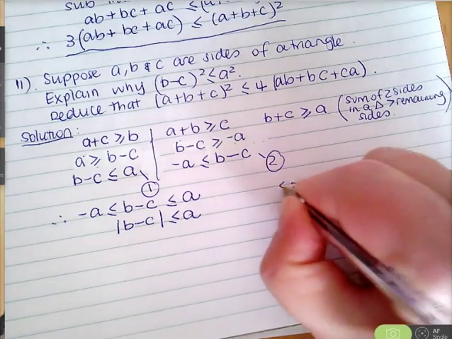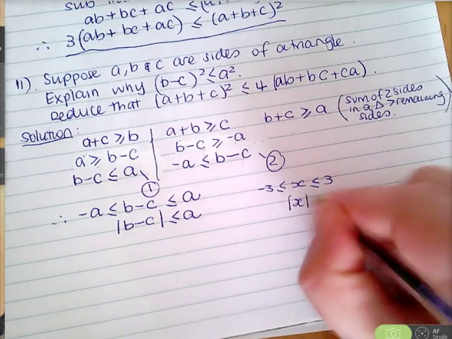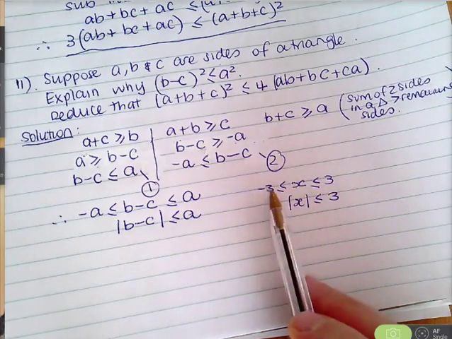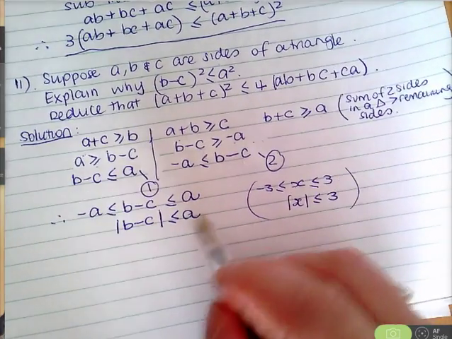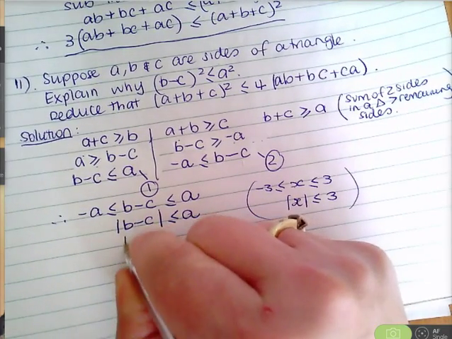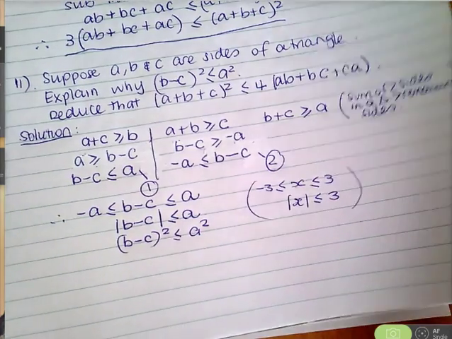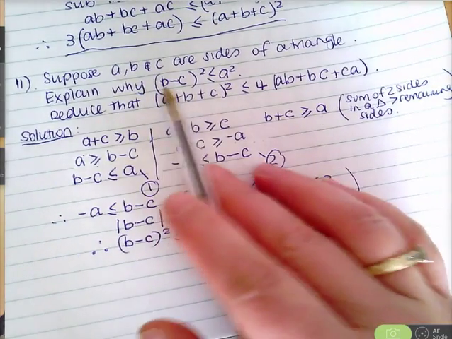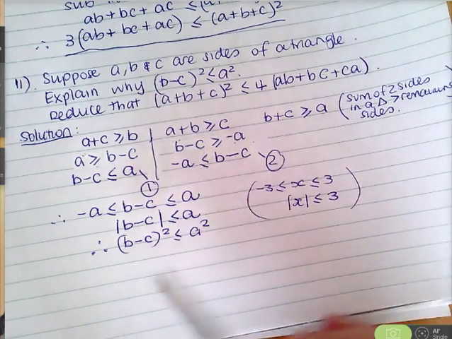For example, if you have this inequality, it means that x is within 3 units of the origin, and then that can be written as absolute value of x is less than or equal to 3, because x lies within 3 units of the origin. So it's a similar thing here. This can be written like that, okay? And so therefore, if we square both sides, because we know both sides are positive, you get that B minus C squared is less than or equal to A squared, okay? So this is how we can explain why B minus C squared is less than or equal to A squared, okay?